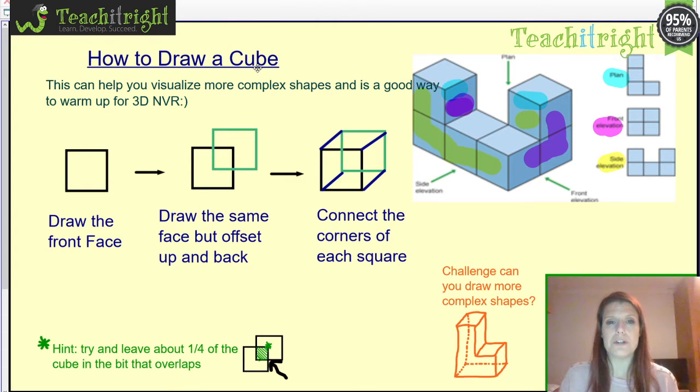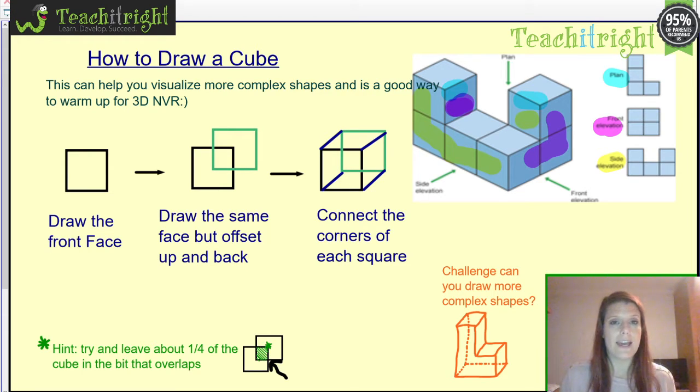Okay, that's not what we're doing today. I just wanted to show you what the plans in that image mean and to relate it to any three-dimensional NVR activities. And we do have some masterclasses running soon. If you look on our website, Gemma will be taking you through various different three-dimensional non-verbal reasoning activities.